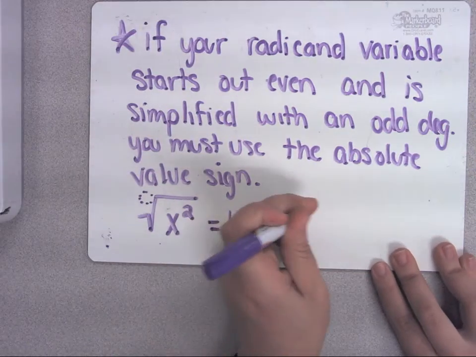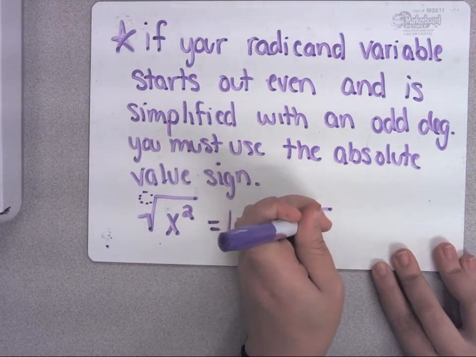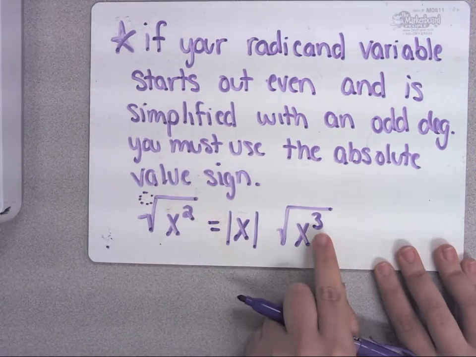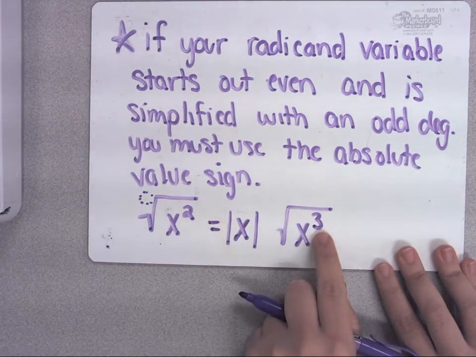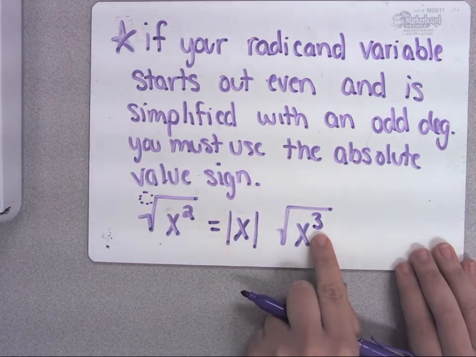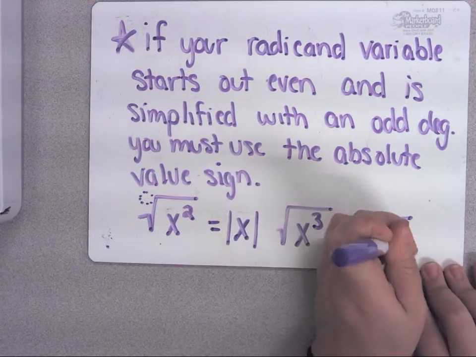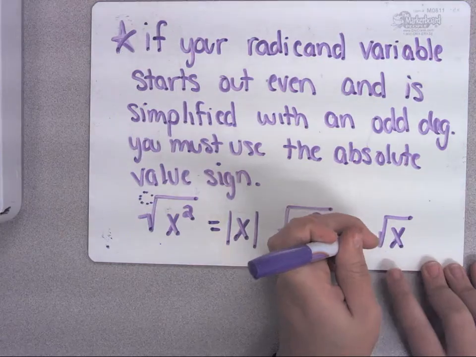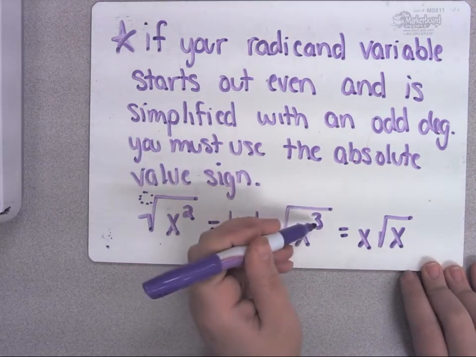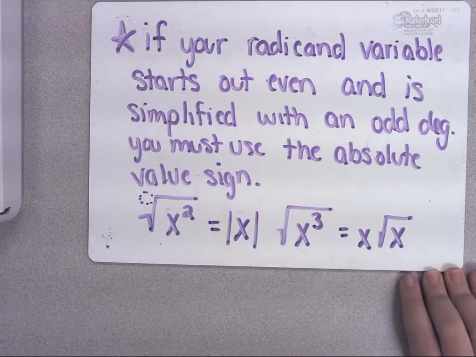So if we had like the square root of x to the third, since this starts odd, however we simplify this, it just stays exactly how it is. Since it's odd, there will be 1 left underneath, and there will still just be 1 left over because when we take 1 out, 2 divided by 2 is still 1.